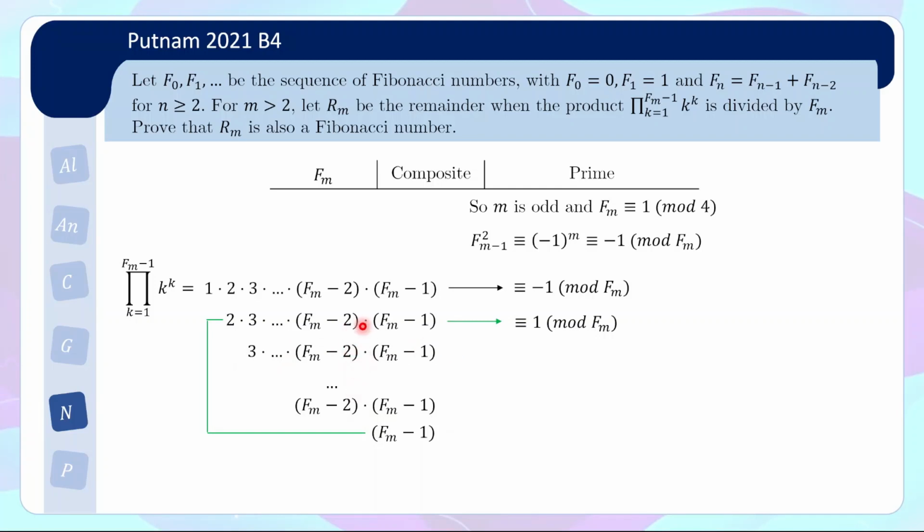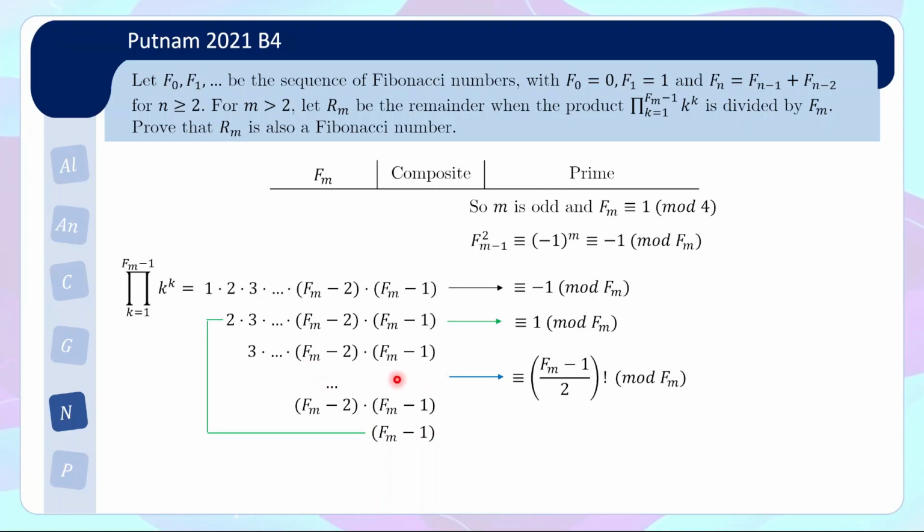You can do such pairing and keep getting copies of 1 and minus 1, except the very row in the middle where you have exactly half of the terms on the right side. So you have half of the terms on the right side and you are lacking the left side. But you realize that because Fm is congruent to 1 mod 4, half of these terms here is an even number of terms.